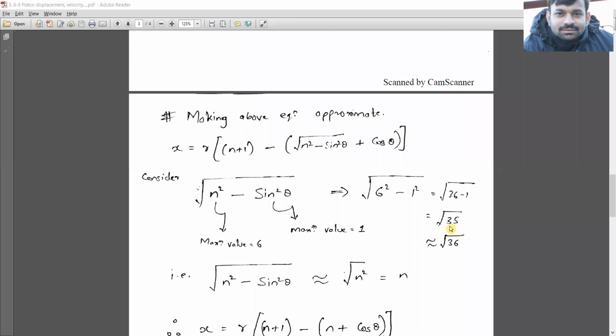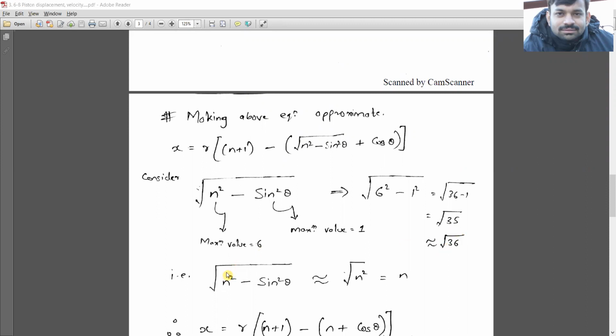And the value of under root 35 is very close to under root 36. What is under root 36? It is 6. And under root 35, you can calculate, comes very near to 6, or it can be taken equivalent to under root 36.